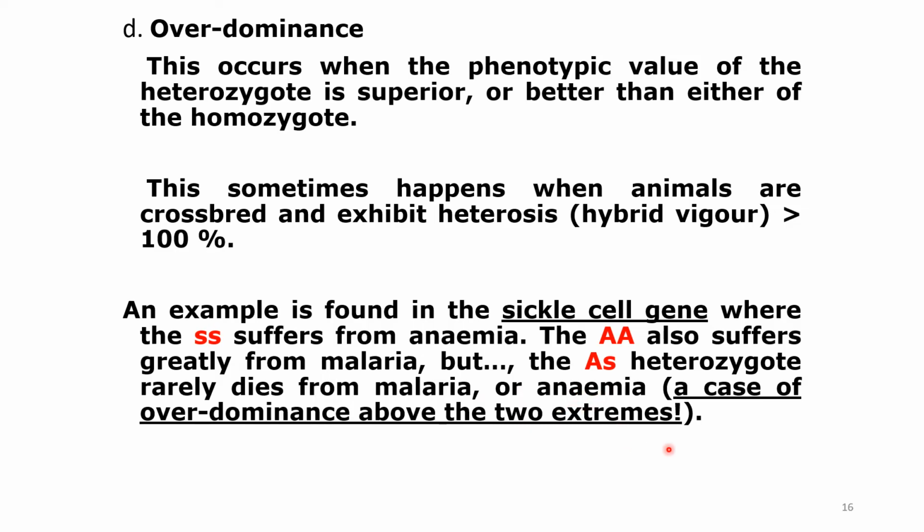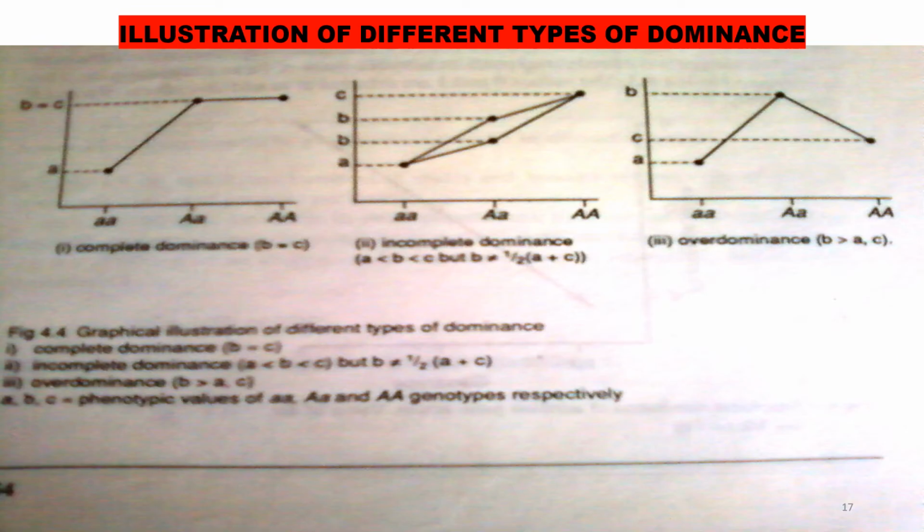So this is a classic case of overdominance above the two, the SS who suffer from anemia and the AA that suffer from malaria. So this is possibly as a result of the exhibition of heterosis in the AS heterozygote.